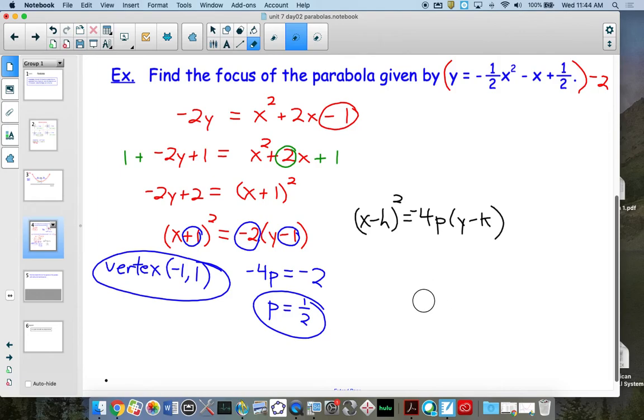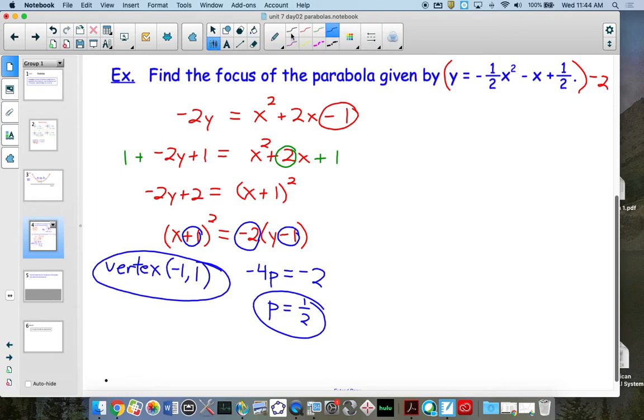Alright, so now I'm going to draw a little more accurate sketch. So the vertex is at (-1, 1), right there. And we know that this opens downward.